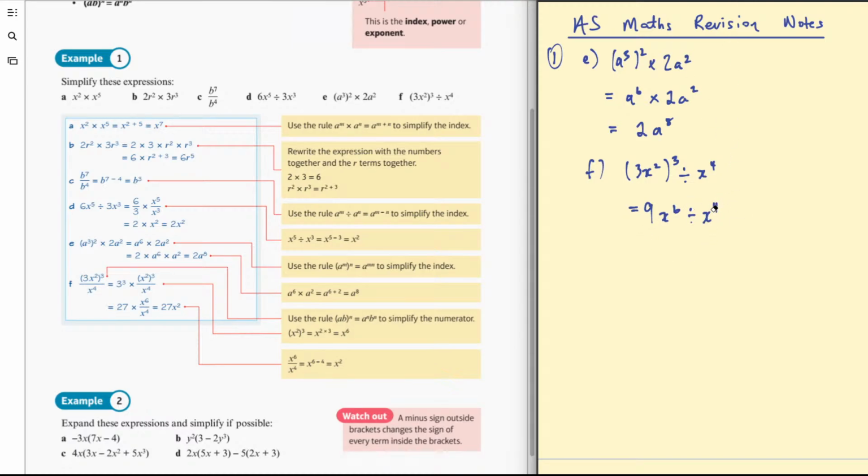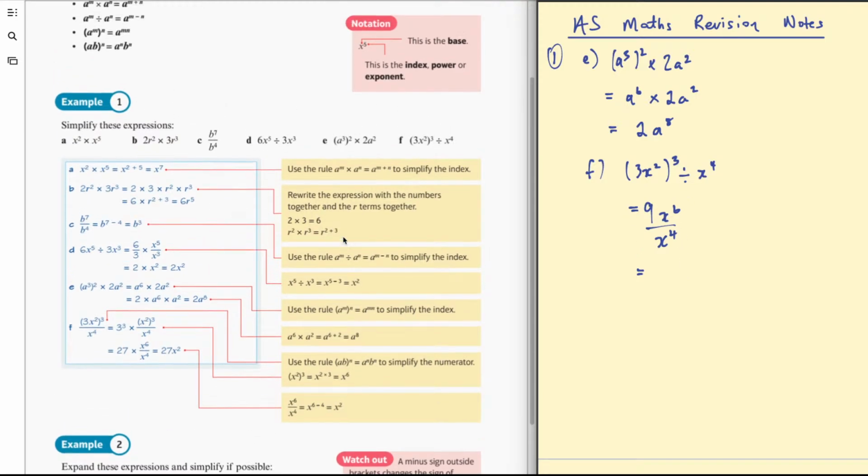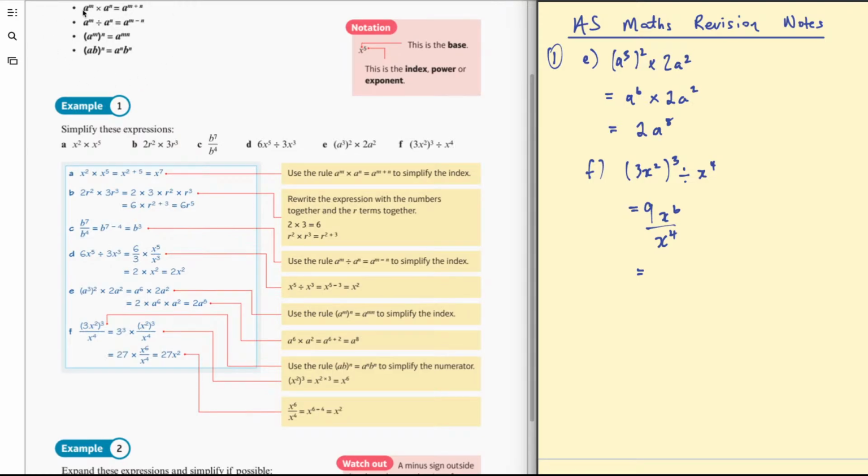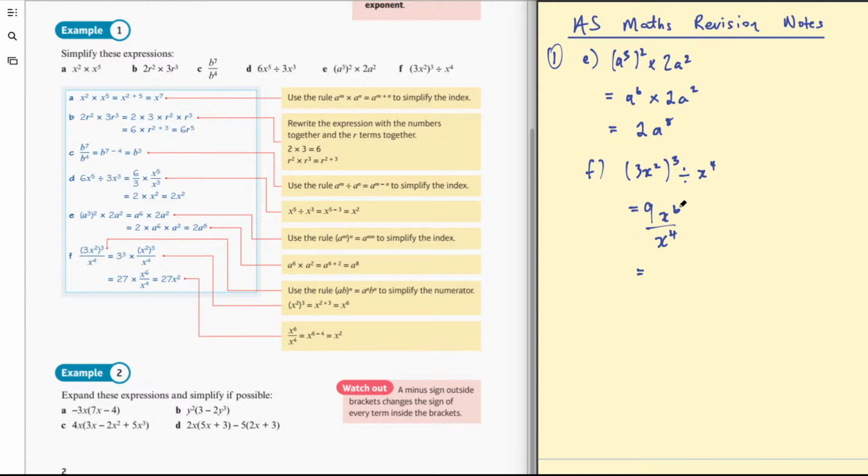Actually, we should write this as 9x to the power of 6 over x to the power of 4, because usually with algebraic expressions we don't write the division sign. So then, if you need to check your index laws, go back to your notes. Otherwise, hopefully remember that when you've got the same base and you're dividing those, you subtract the power. So 6 take 4. And final answer here would be 9x squared.